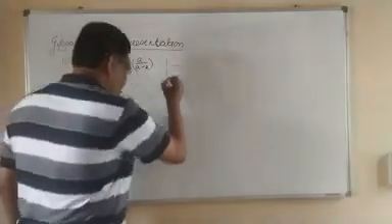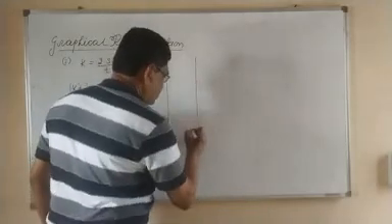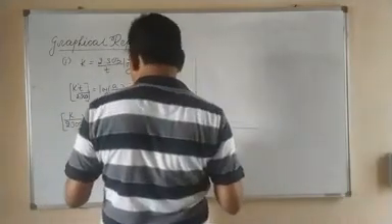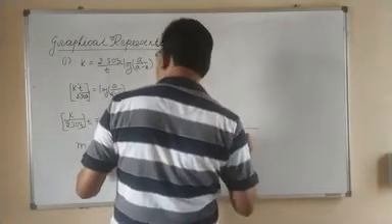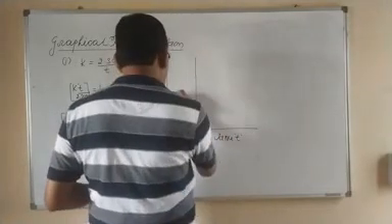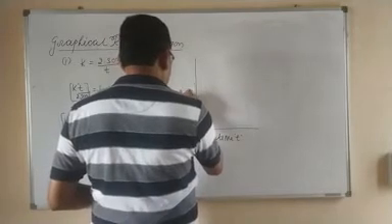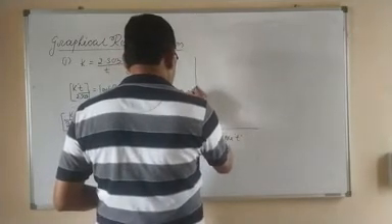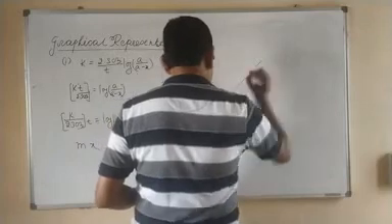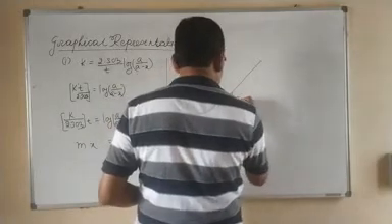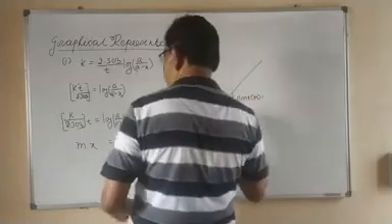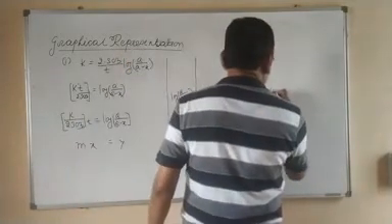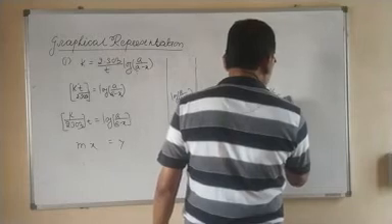Now, graph. Along this axis, time small t, and on the y-axis, log of a over a minus x. Slope m is equal to k upon 2.303.